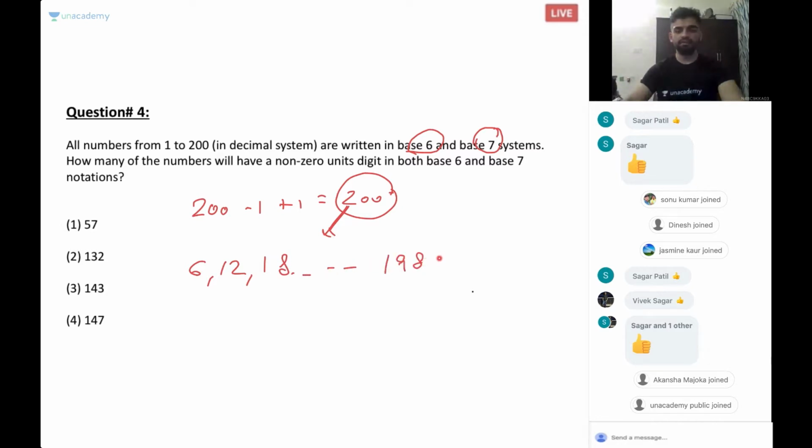These will be multiples of 6. This is an AP with the first term as 6, the last term as 198, and the common difference as 6. This becomes number of terms will be 198 minus 6 upon 6 plus 1. 192 upon 6 plus 1 becomes 32 plus 1, 33.